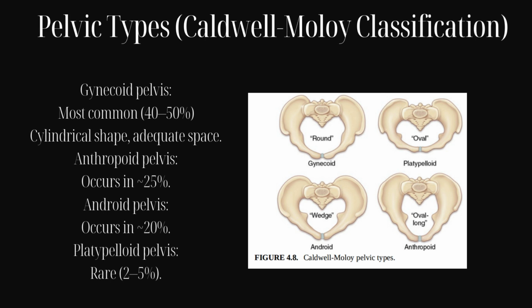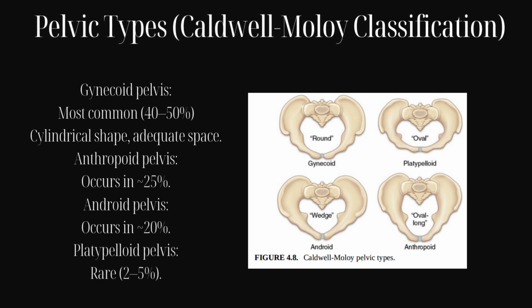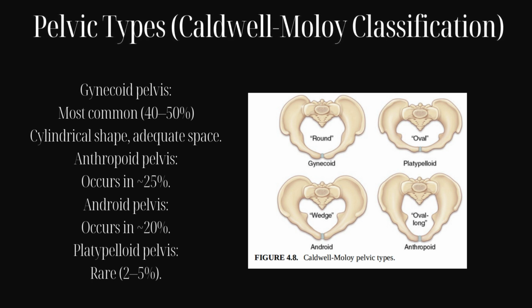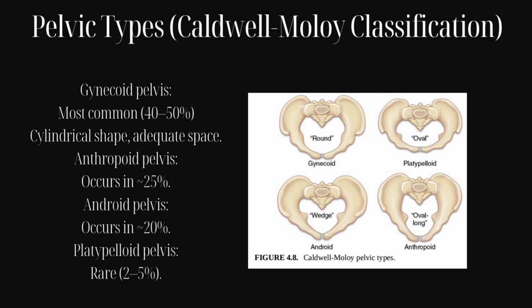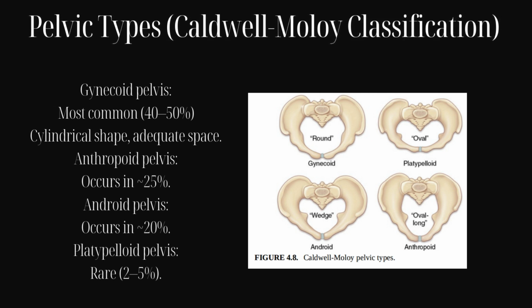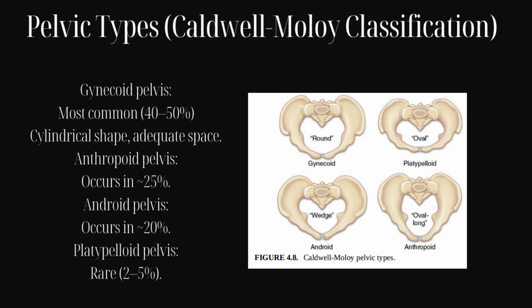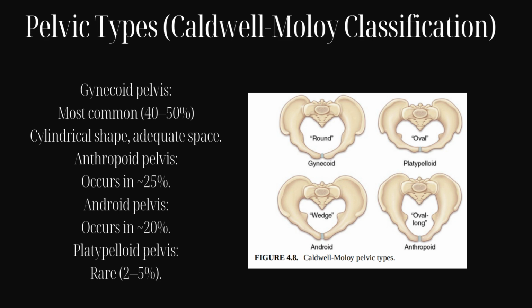The anthropoid pelvis, which occurs in about 25% of women, is elongated in shape. The android pelvis, found in roughly 20%, resembles a male pelvis and can be less favorable for vaginal delivery. Finally, the platypelloid pelvis is the least common and present in only 2 to 5% of women, and is characterized by a flattened shape.